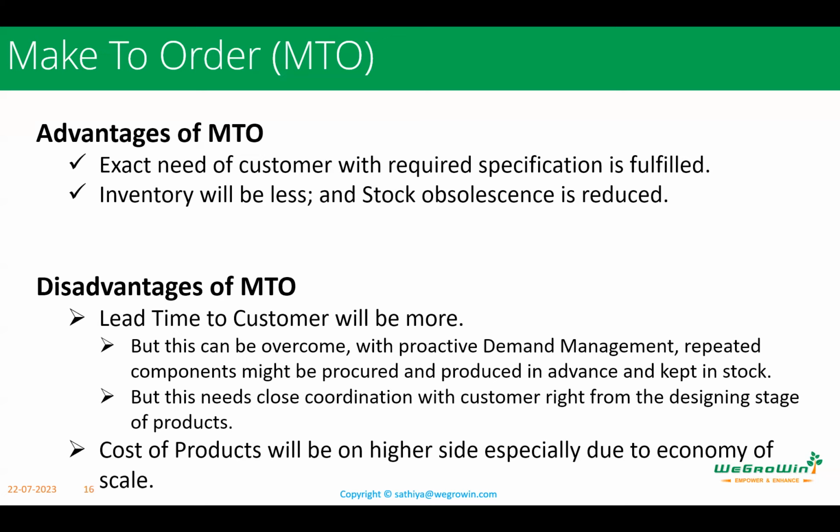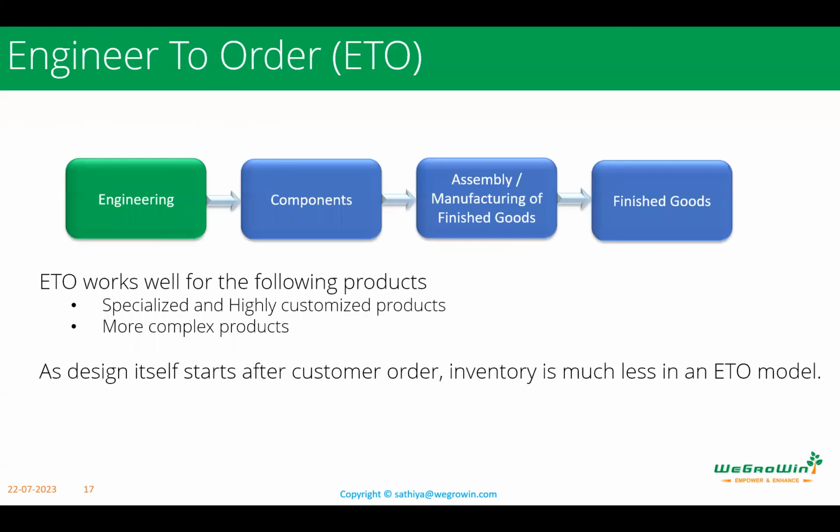So if the sales people are working closely with your customers, at least existing customers who they think are going to give these kind of big orders, you can anticipate what kind of components you can keep in stock so that you can reduce the lead time. Right? Again, SAP is not going to support, your business is going to support. The way you are doing the business, that is going to support. Right? And also here cost of production will be high because the number of items you are going to produce is less. That is make to order.